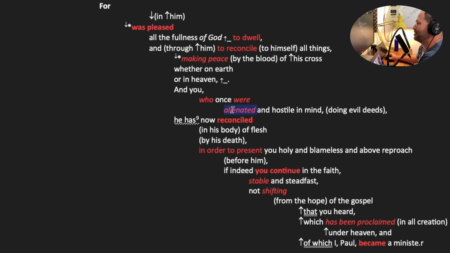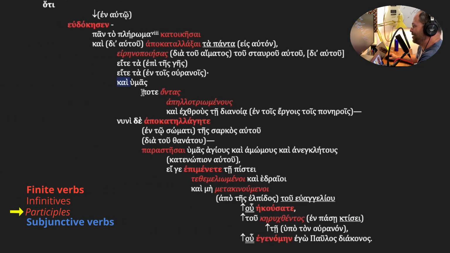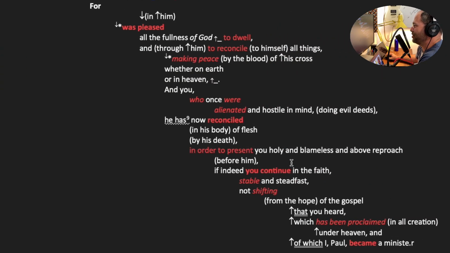This is now in participle. You who were, in the original here we've got you being alienated. There's two participles there. You once being alienated and enemies in the minds and the works of the evil that you were doing.